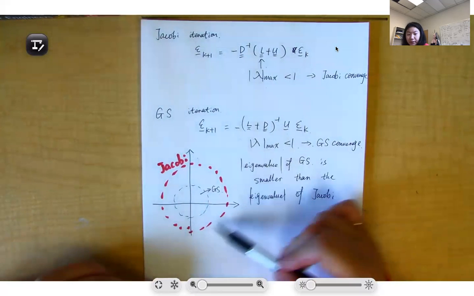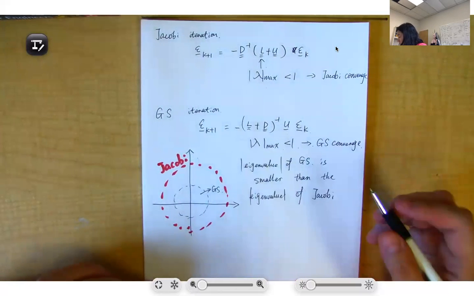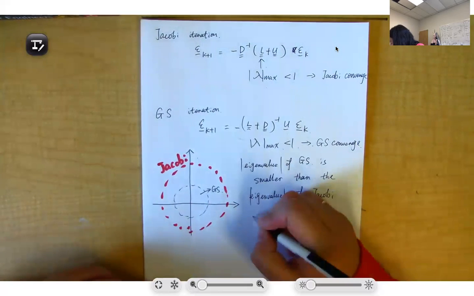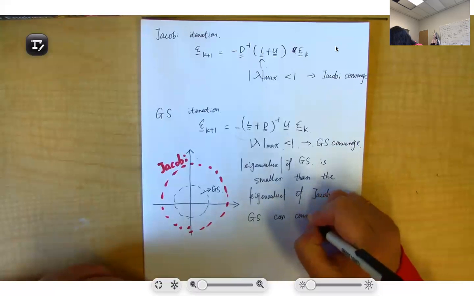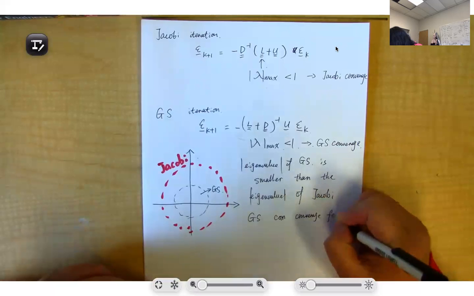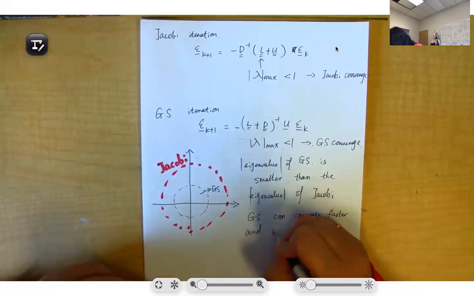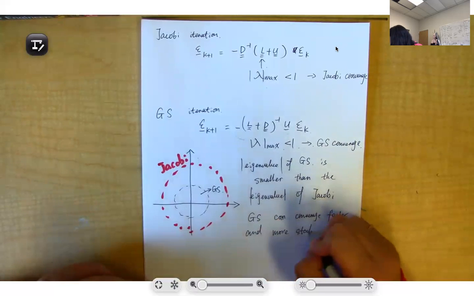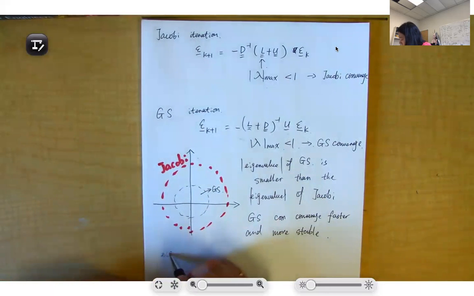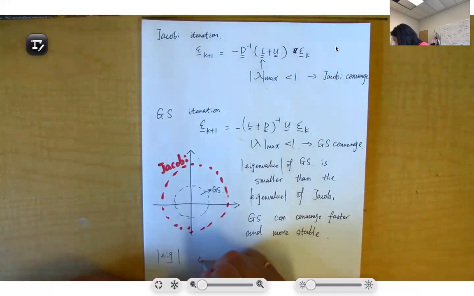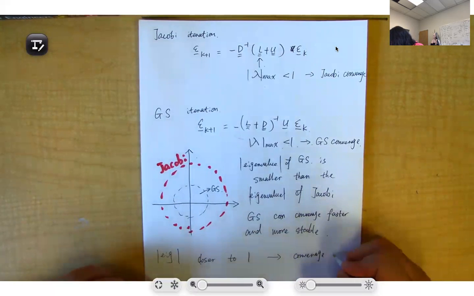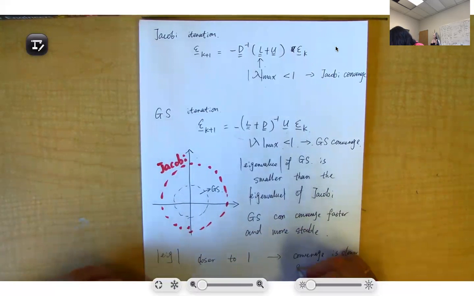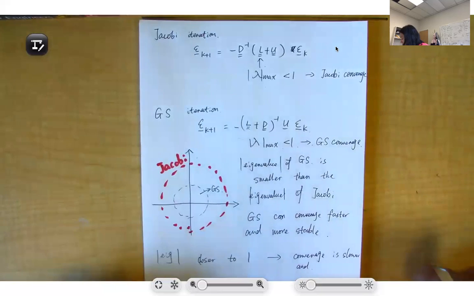So when this happens, that means the Gauss-Seidel iteration can converge faster and more stably. Okay, so if the eigenvalue is closer to 1, that means you converge slower, and it's still stable, but it's just slower.